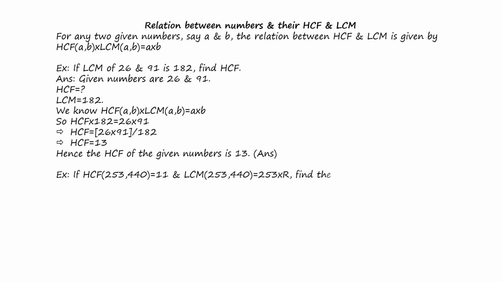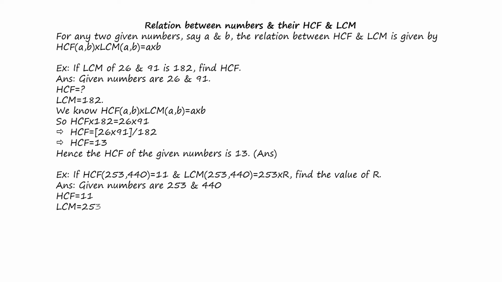If HCF of 253 and 440 equals 11, and LCM of 253 and 440 is equal to 253 into R, find the value of R. Given numbers are 253 and 440.